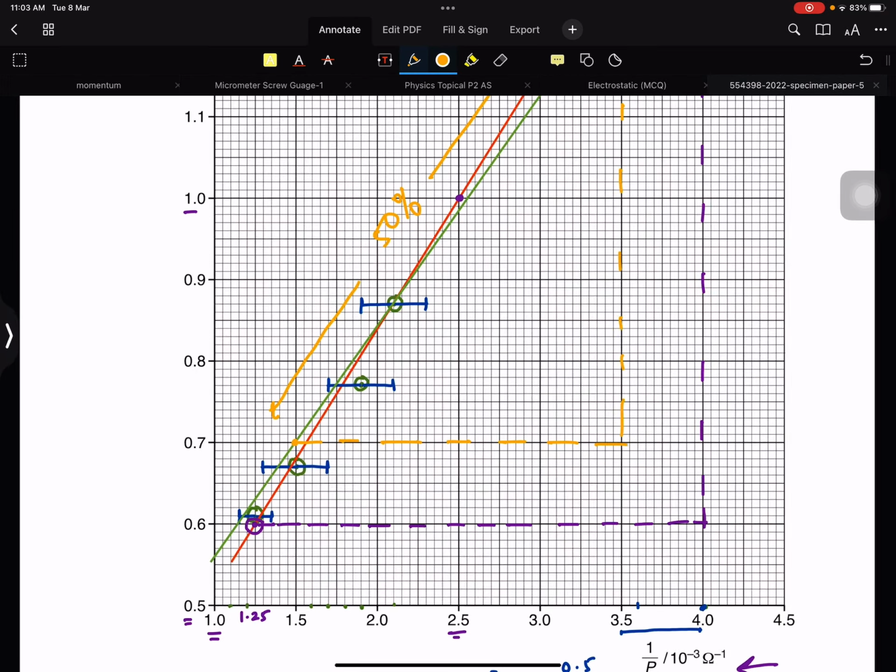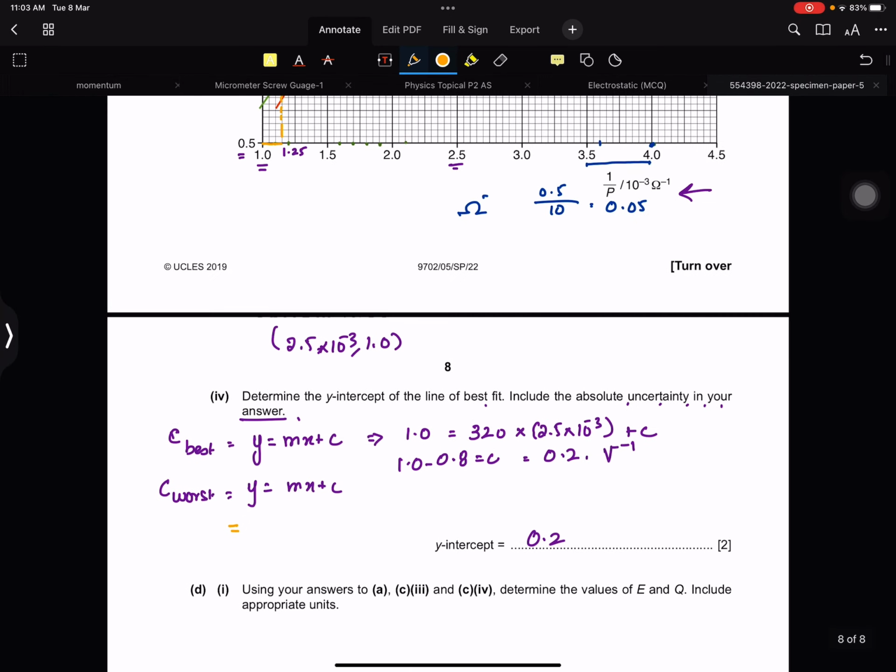well, okay, so we can take this point. This is 0.6 and this is 1.15. So this is 1.15 times 10 raised to minus 3 and 0.6. So let's do that.